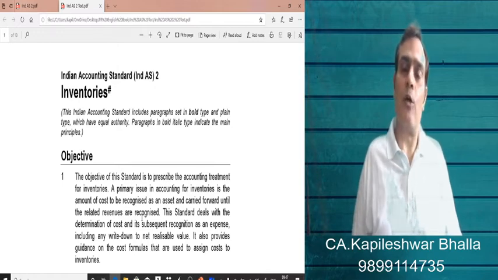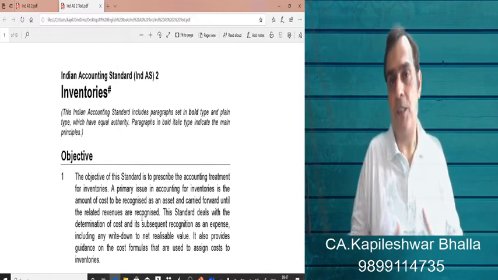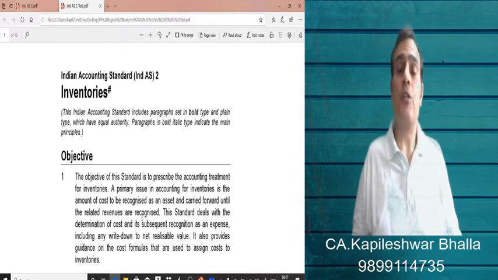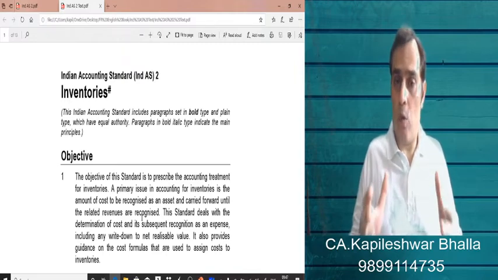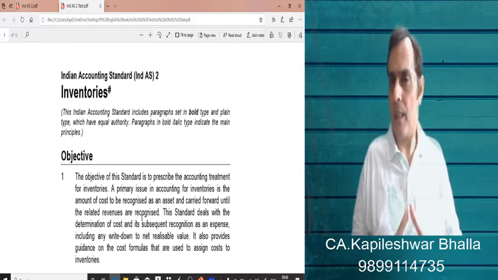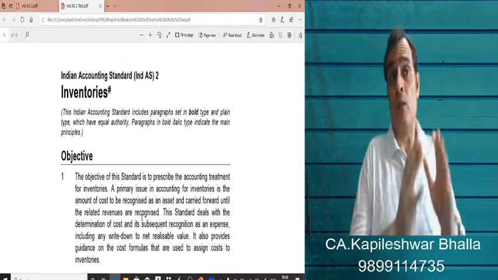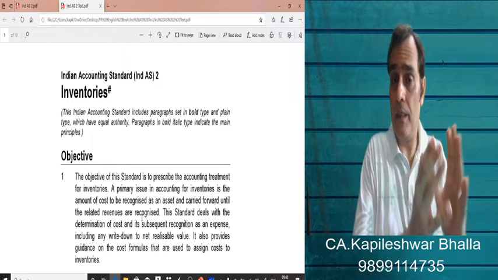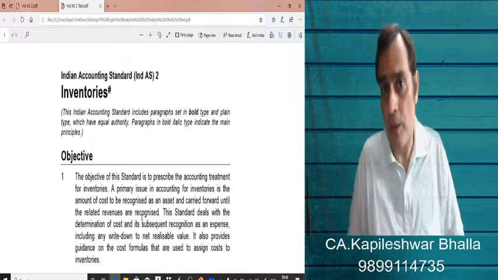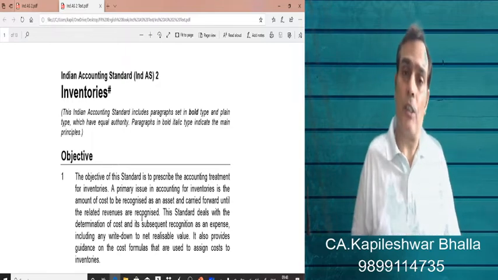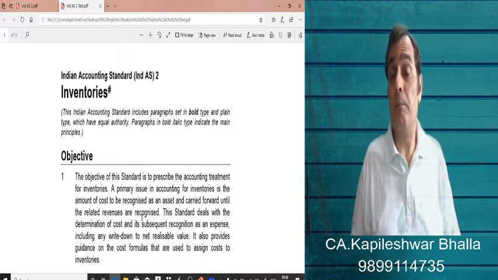Then we went ahead to the third aspect of Ind AS 2, the concept of what is taken in cost. We segregated the cost into three different portions. What is included in inventory is technically called product cost. What is excluded from the inventory cost is technically called period cost.